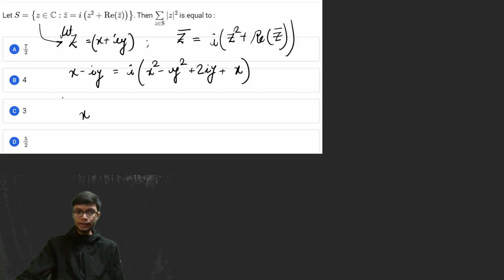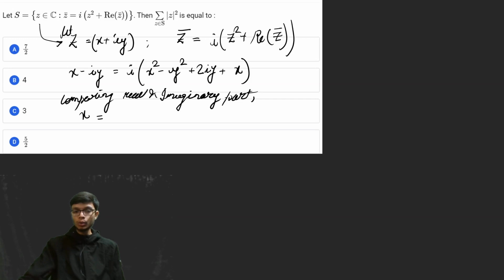So on comparing the real and imaginary parts, if I compare the real part, x is equal to iota into 2 iota y, and that will become minus of 2y.